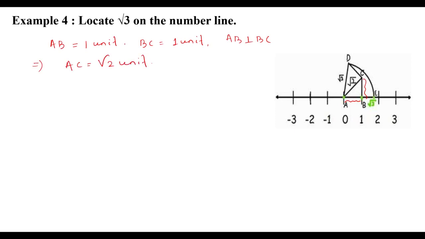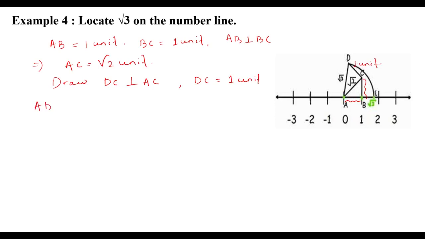So at point C, draw a perpendicular DC with AC. Draw DC perpendicular to AC and DC is equal to 1 unit. So here DC is equal to 1 unit. So we have to find AD.